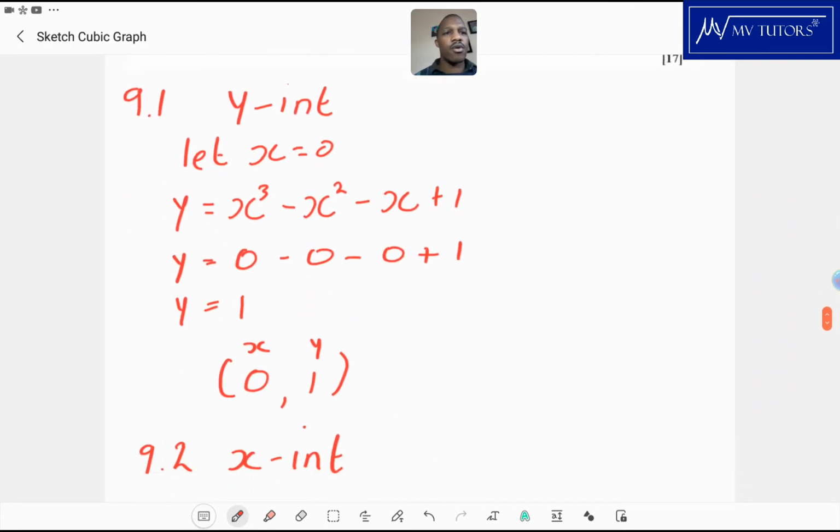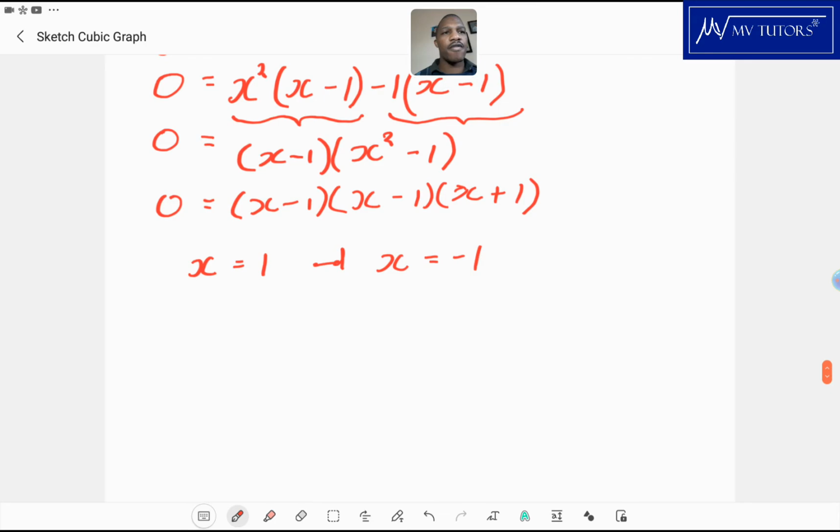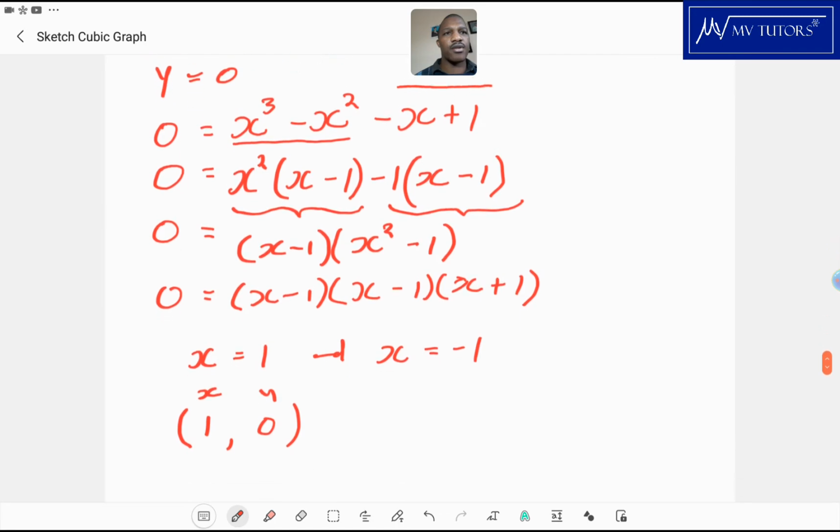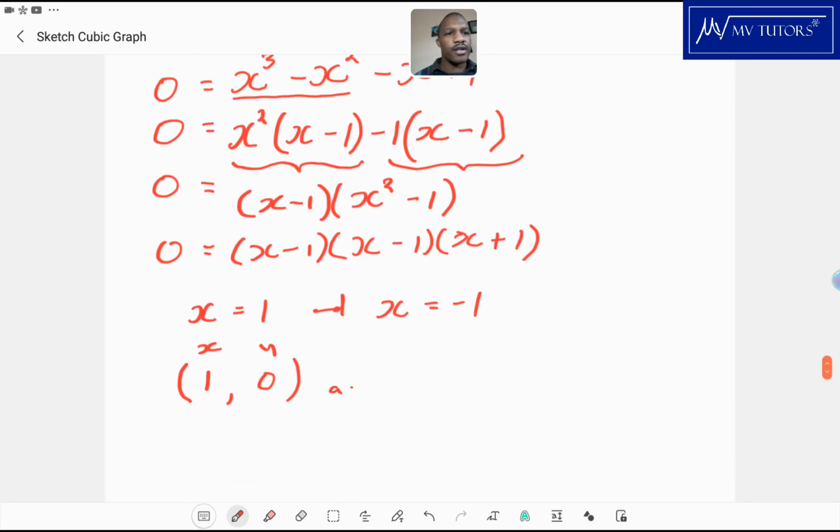Okay, now coordinate, remember, is in the form of x and y. So the coordinates are x and y. The first one we're going to have is 1. Y is always going to be 0, because we let y equal 0. And for this one, it's going to be x is minus 1 and y is 0.